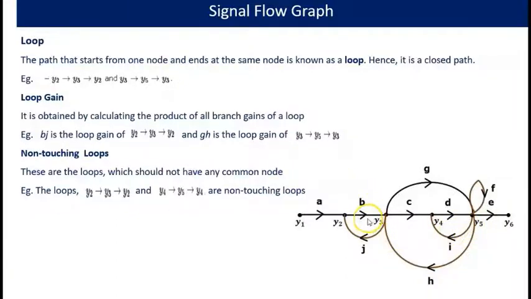So these two loops are non-touching loops. But this loop and this loop have a common node y3, so they are not non-touching loops. Okay.